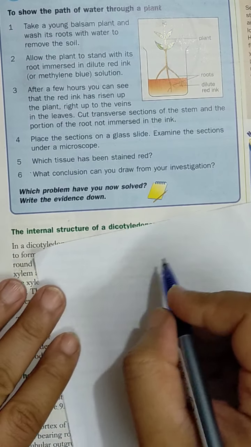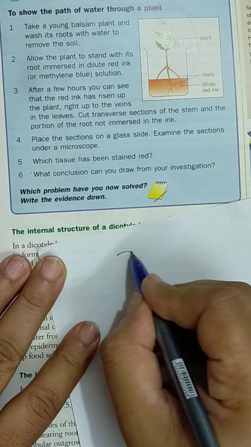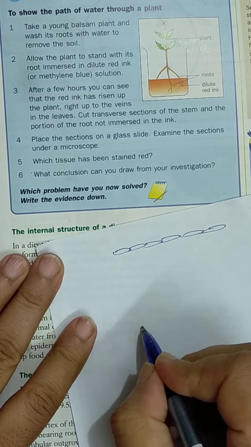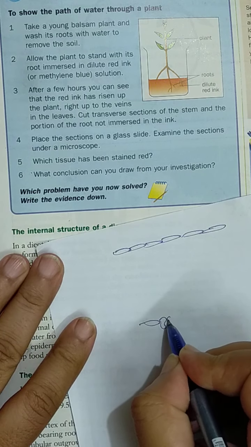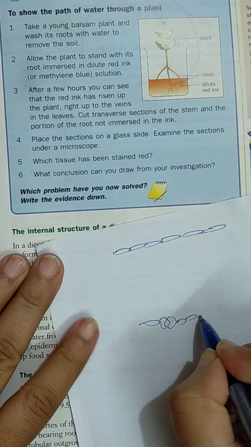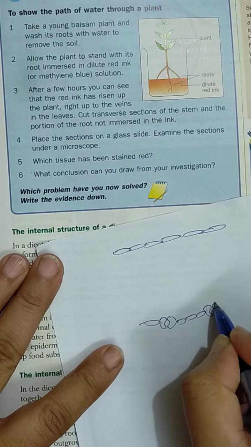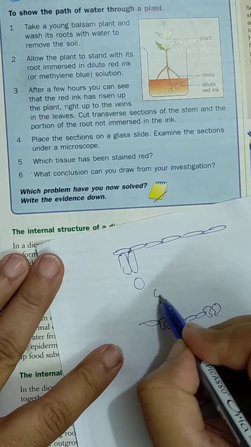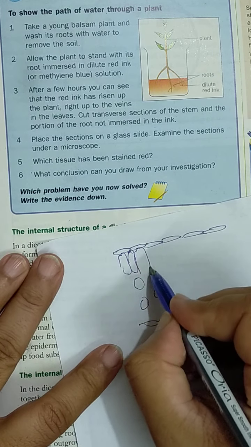As you have seen in the structure of the leaf, the upper epidermis is present, then the lower epidermis. I am not making it in detail, just to make it clear. You already know about these tissues: spongy and palisade mesophyll tissues are present.